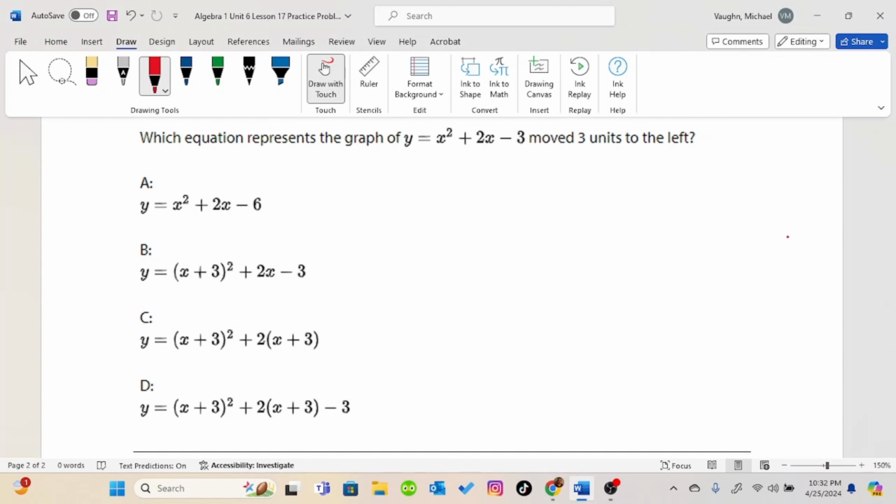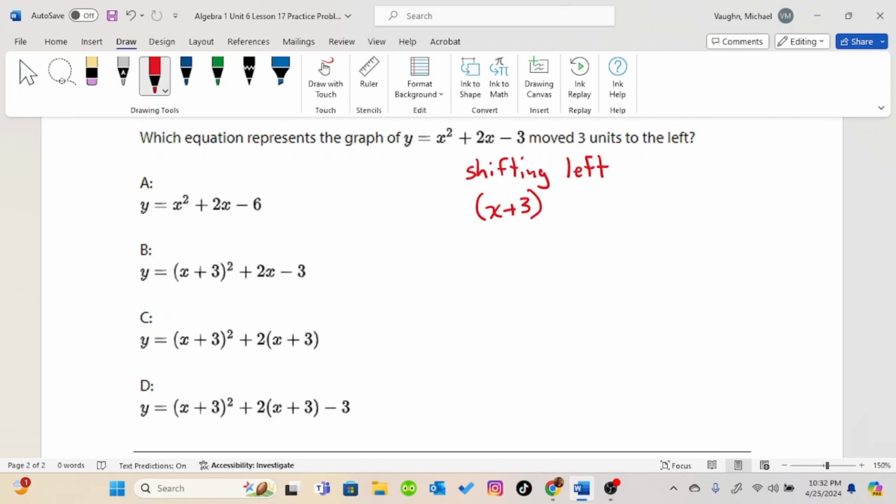Which equation represents the graph of y equals x squared plus 2x minus 3 moved 3 units to the left? So shifting left is x plus. And if we're doing 3 units to the left, that's x plus 3.